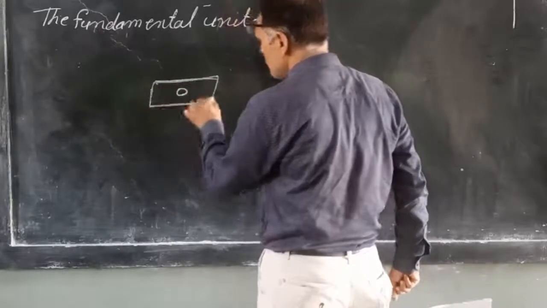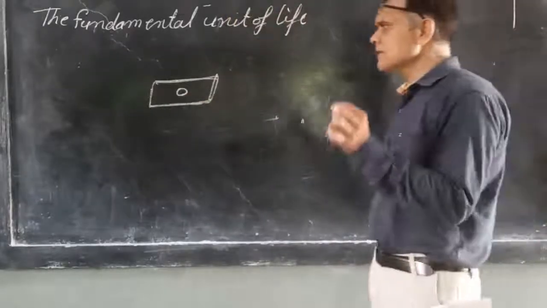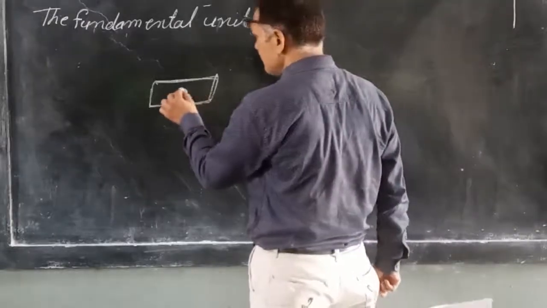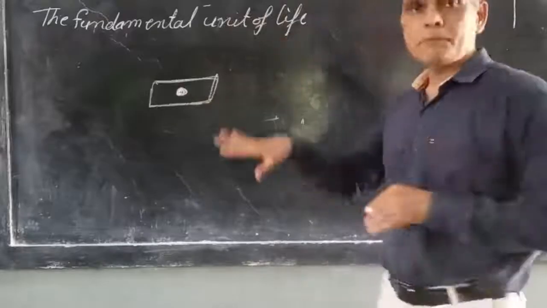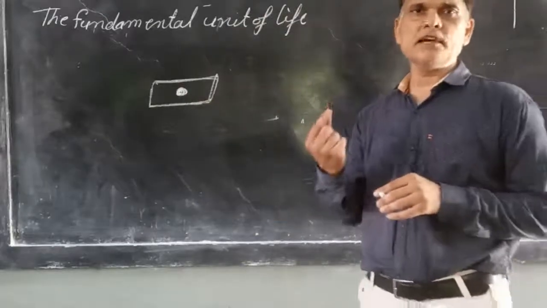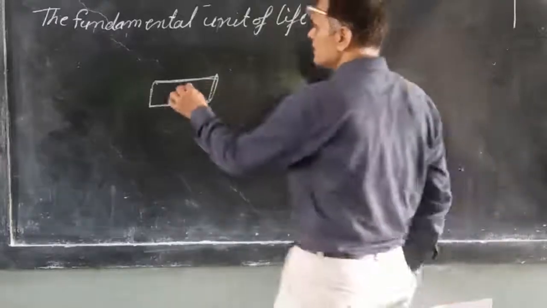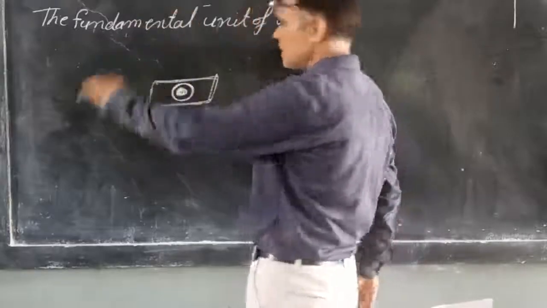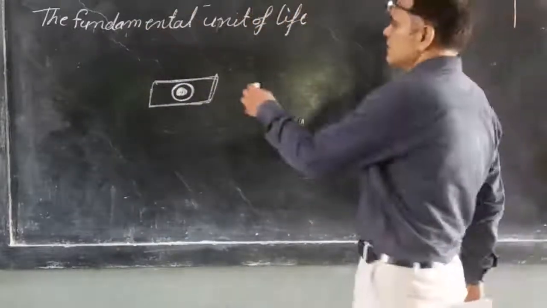A slide is a small rectangular glass structure, and at the center of the slide we keep that onion peel with the help of glycerin. Glycerin is a chemical that helps in the preparation of slides. Cover it with a cover slip and observe under the microscope.